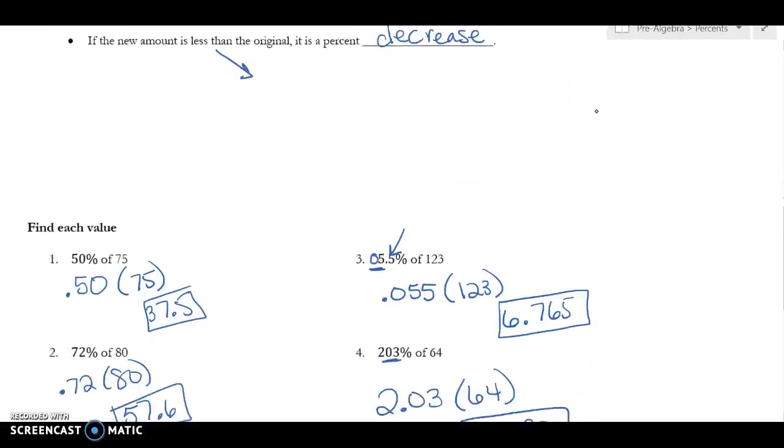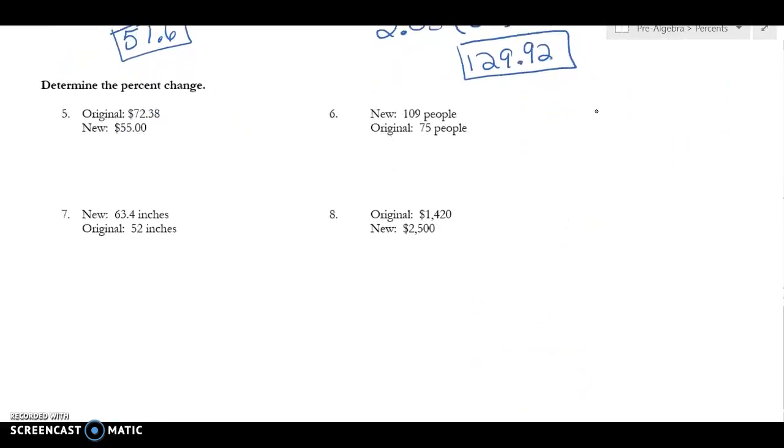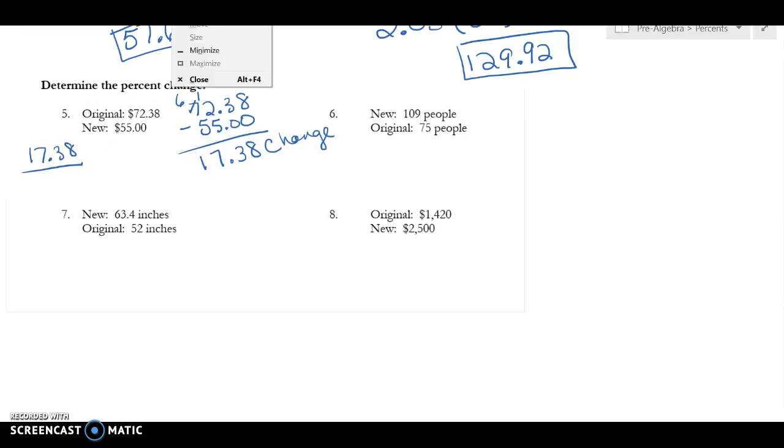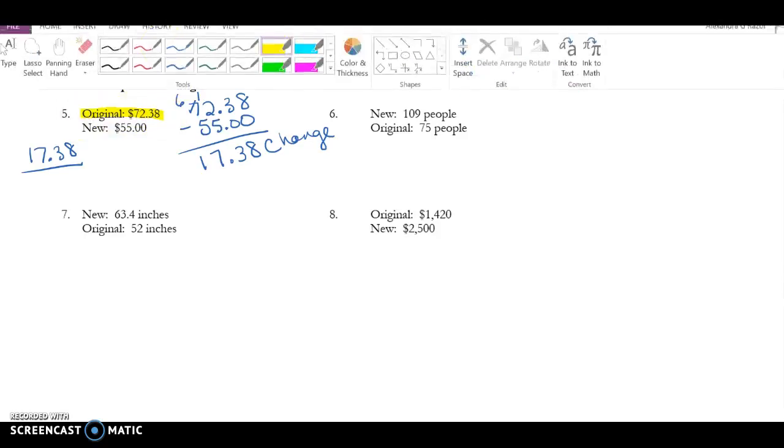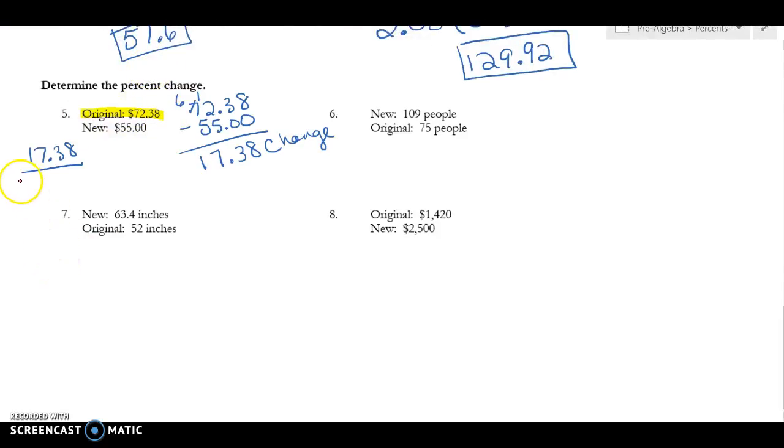Okay? So let's look at some examples down here. All right, for number 5, the first thing I need to do is subtract these two. And so I get $17.38, that's the change. And so it's $17.38 divided by my original. And my original was $72.38.